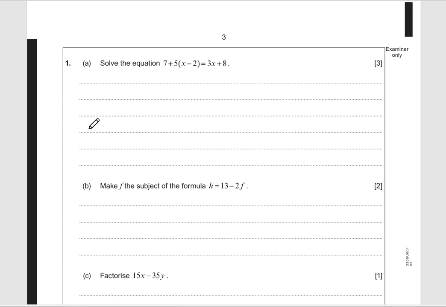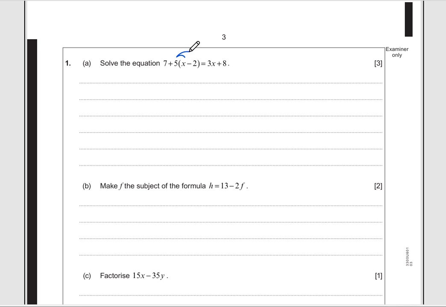Question 1. We have to solve this equation. So step number 1 is we're going to multiply out this bracket. So we're going to have 7 plus 5x minus 10 is equal to 3x plus 8. Okay.